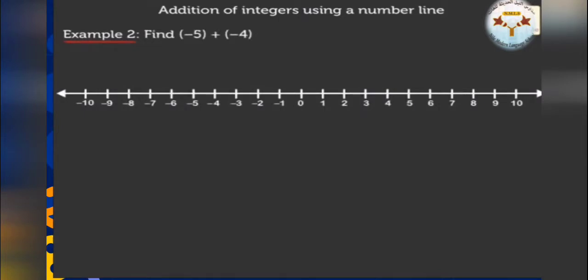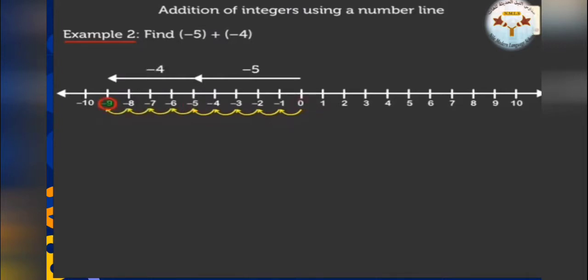Example number 2. If I want to find the sum of two negative integers, negative 5 plus negative 4, start at 0 and move 5 places to the left to show negative 5, and from negative 5 move 4 places to the left to add negative 4.